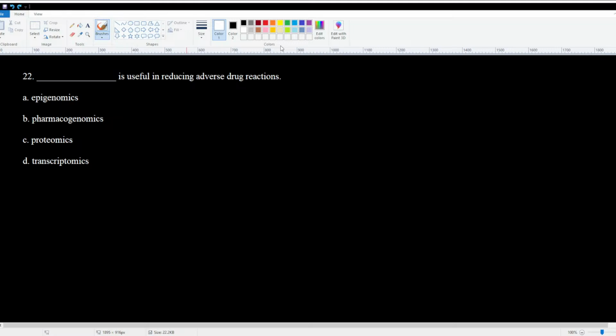Codeine's a painkiller, right? So some people metabolize it really, really well. It's too effective, and people can have adverse reactions from that. Or, on the other hand, if some people don't metabolize it very well, then they're not getting the proper painkiller effect, right? So pharmacogenomics can actually be an effective way of reducing these adverse drug reactions. We can go ahead and see this person is safe to take codeine, this person is not safe to take codeine, or whatever drug, for example. It would not be proteomics, it would not be transcriptomics, it would not be epigenetics, it would be pharmacogenomics.